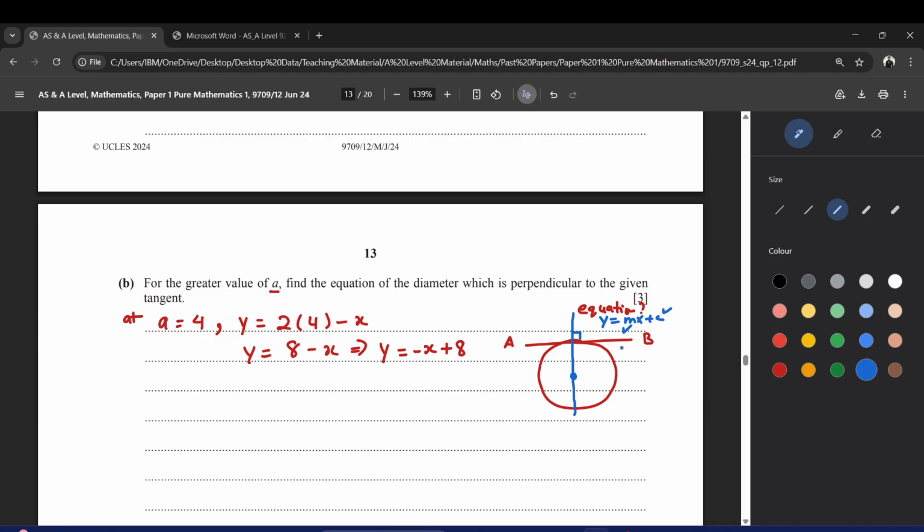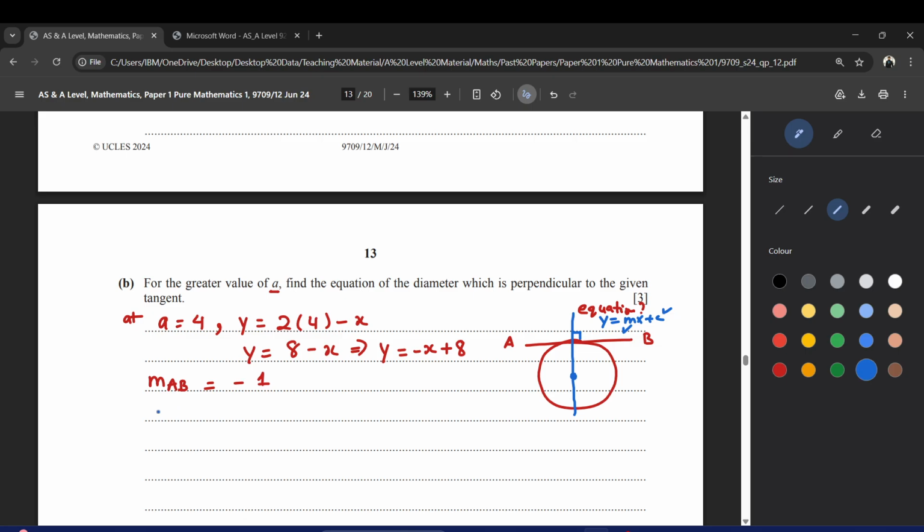You need to find the y-intercept. Okay, so first of all, let us try to find the gradient. I cannot directly find the gradient of this straight line. However, because I know that this is perpendicular to AB, whatever the gradient of AB is, it will be the negative reciprocal of that. Okay, so from this equation we can see that the gradient of AB is minus 1.